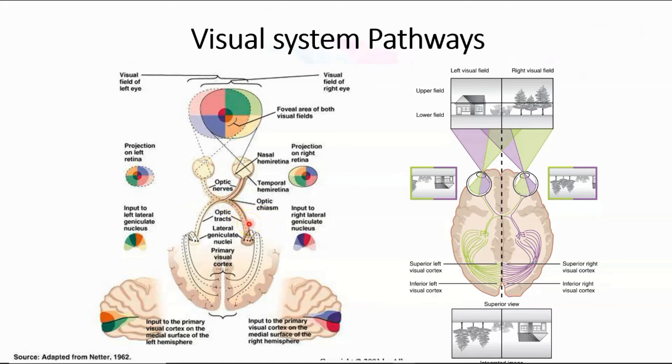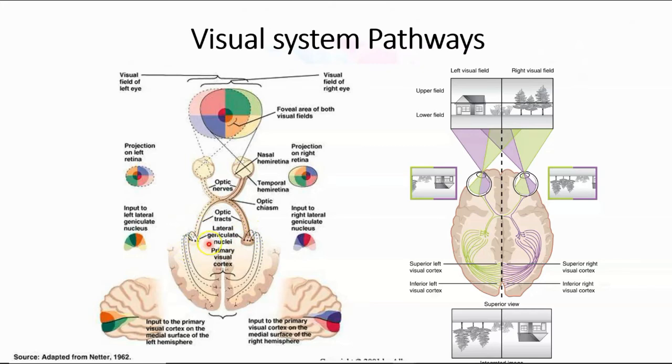When visual information reaches the LGN, the lateral geniculate nuclei, the visual information is organized according to the contralateral field of view of both eyes.